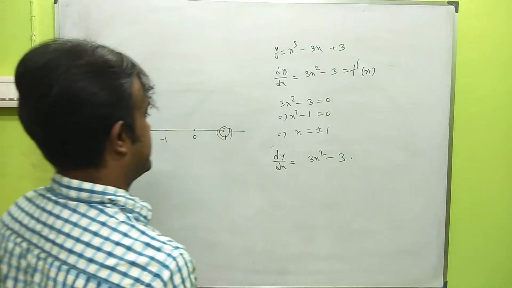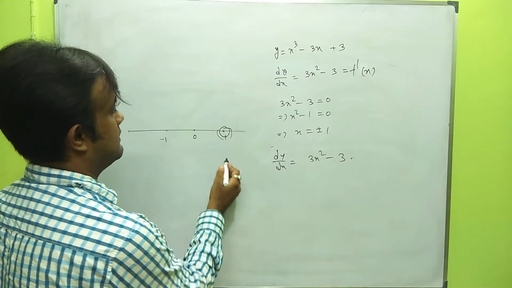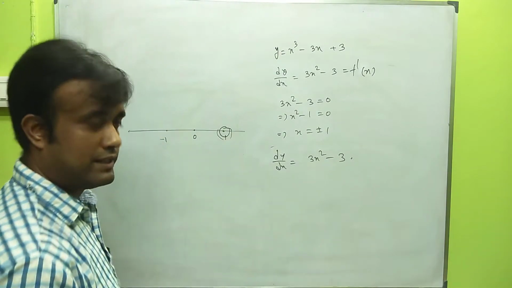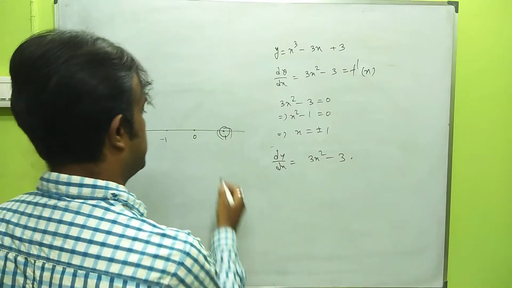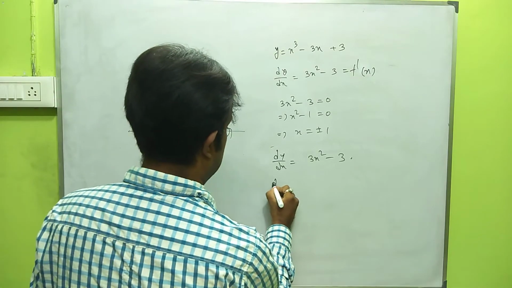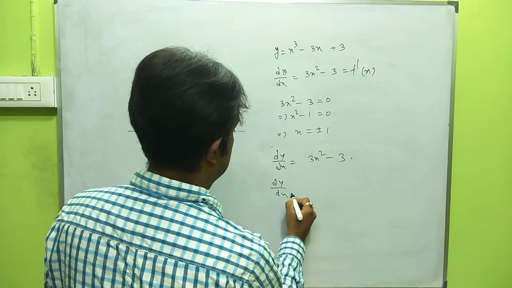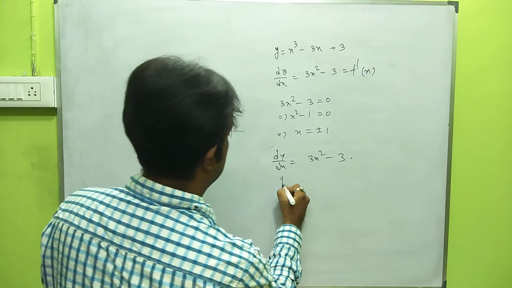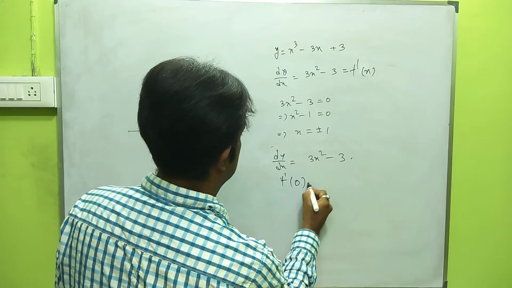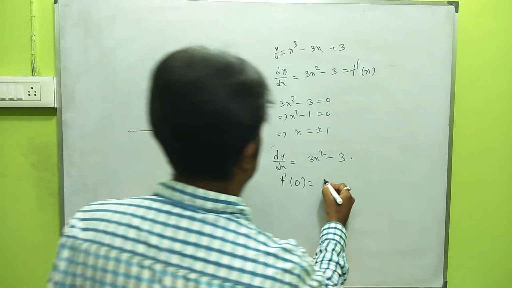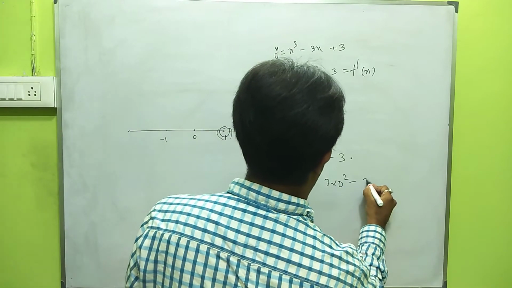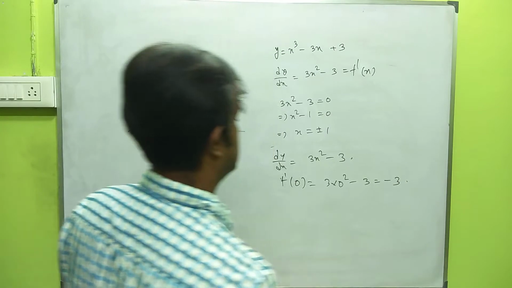And if we take the left hand side of the point 1, suppose any point 0, that is dy/dx or f'(0) is equal to 3 into 0 square minus 3, that is minus 3.